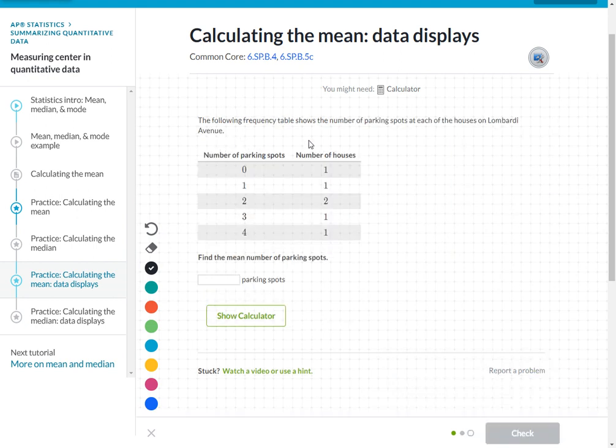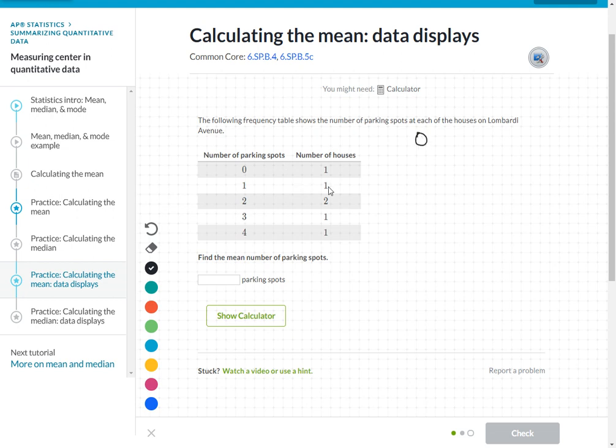Let's try one more. Find the mean number of parking spots from this table. So again, we're going to see if there are things that are represented more than once. This is a table showing the number of parking spots at each of the houses on Lombardi Avenue. So if I put this all together, one house has 0 parking spots. That's going to be 0.